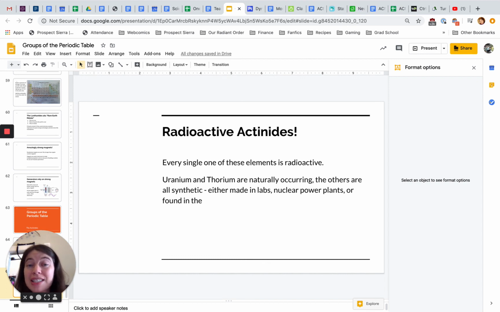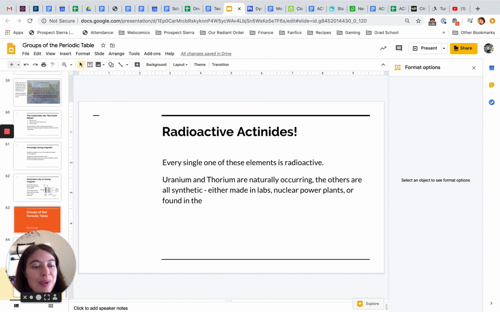So when we were testing out our nukes, people would go into these sites that they had tested our bombs in, and afterwards they'd find things like americium and curium and berkelium and californium. So those elements were actually discovered post-nuclear bomb. So everything in that row except for thorium and uranium is a synthetic element. It does not occur in nature.